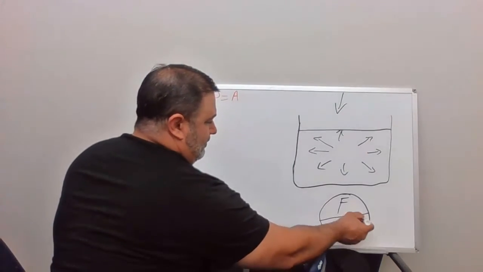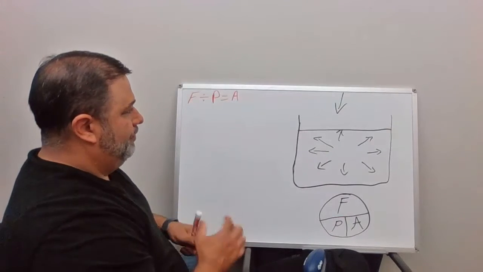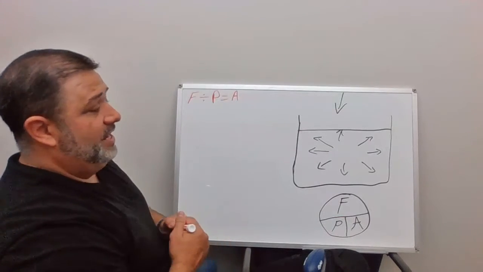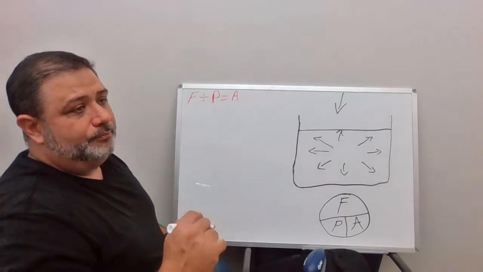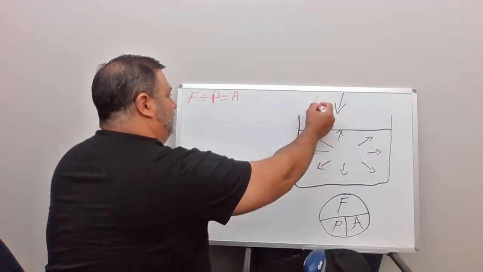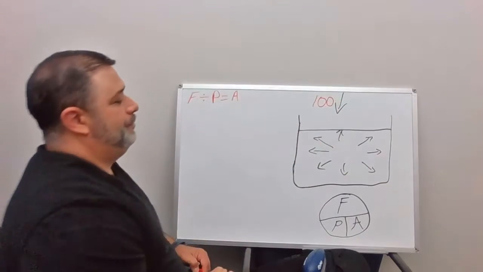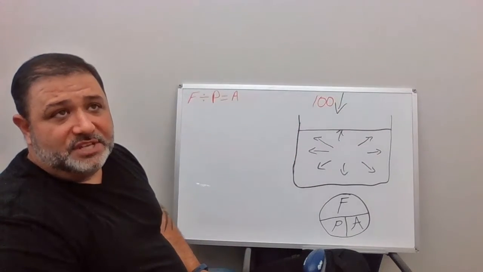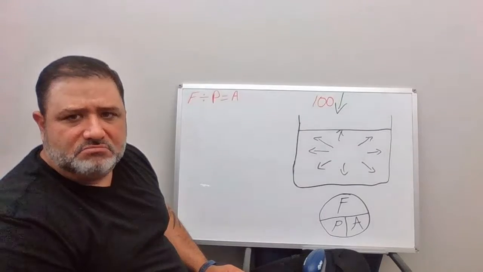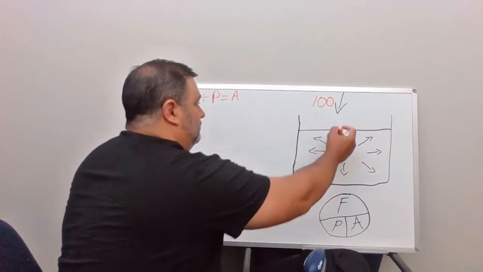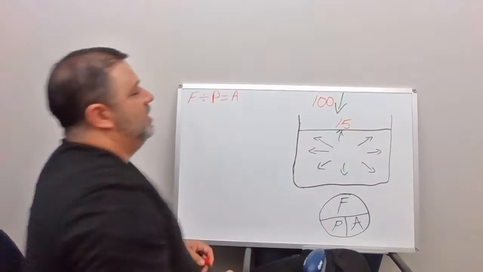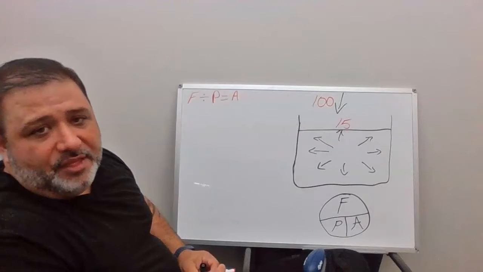We're going to say, we know our area now, so we're going to say 100 pounds of force this time. Our area, we're going to say 15 inches. That's a big cylinder. 15 inches across the top, the head of that cylinder.